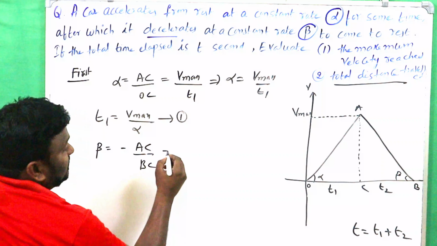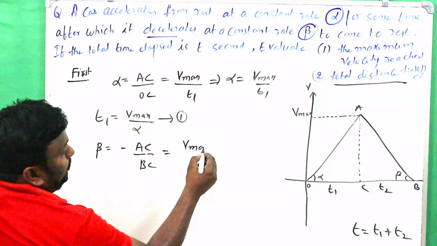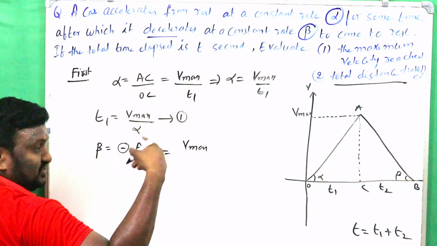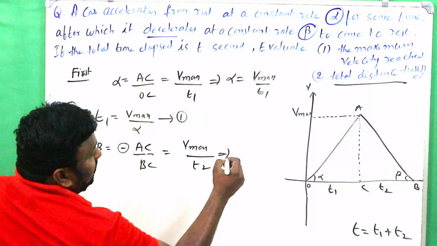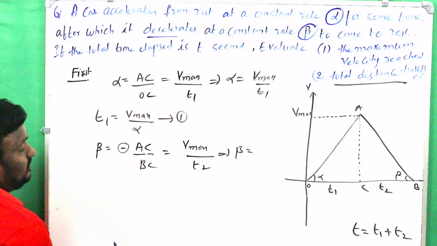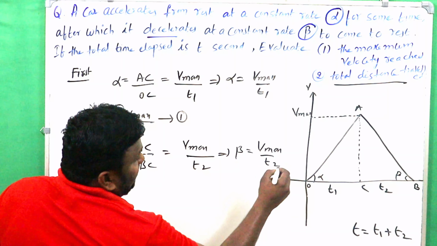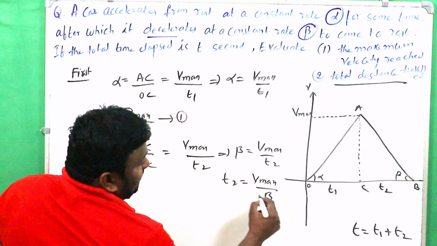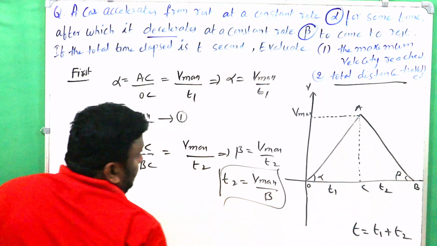What is AC again? V maximum. The minus sign shows the decrease. So V maximum by BC is t2. From that, beta is equal to V maximum by t2. That implies t2 is equal to V maximum by beta. So this is the time taken from A to B.